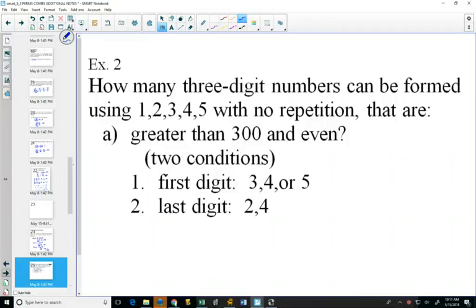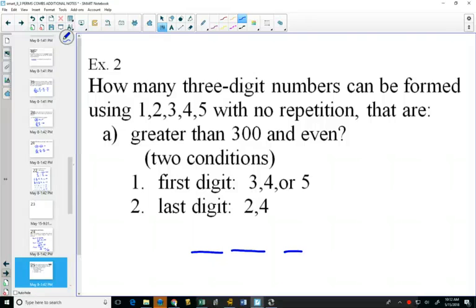How do we recognize when something's cases? Well, sometimes you try to count it all at once and you keep running into problems. And then you realize, okay, we have to break this up and count them separately. And often that comes when there's two restrictions on a question, like how many 3-digit numbers using only the numbers 1 through 5 are greater than 300 and even.